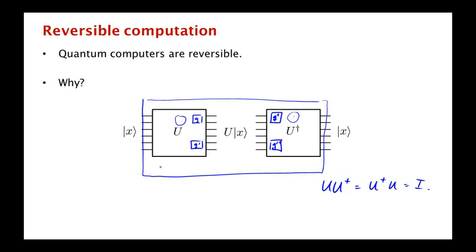And so these two circuits completely annihilate each other, and so what you have is the identity map, which just maps x to itself. Okay, so that's what we mean by saying that quantum computers are reversible, meaning that whatever you compute, you can also uncompute, if you like, by just doing the opposite of what you did to get there.